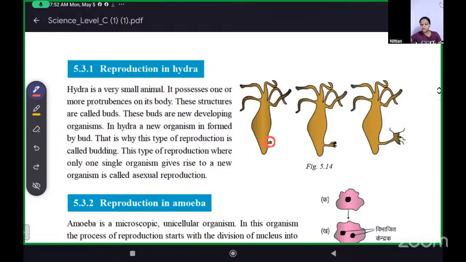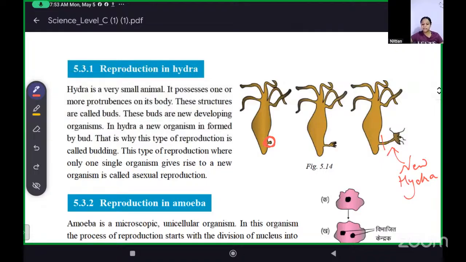When they are grown, they are cut from it and planted separately. When they are cut from it, they grow into a new organism, a new hydra.